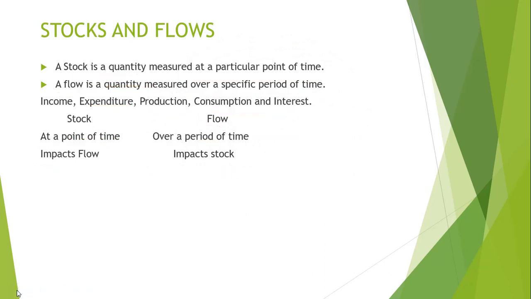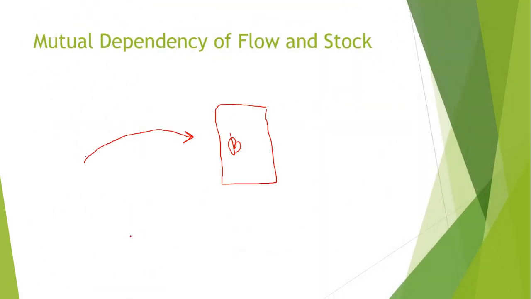The bank is storing their money, and then they are giving away the money as loans to another group. So here group A is giving money to the bank, maybe over a period of one year, by daily saving.